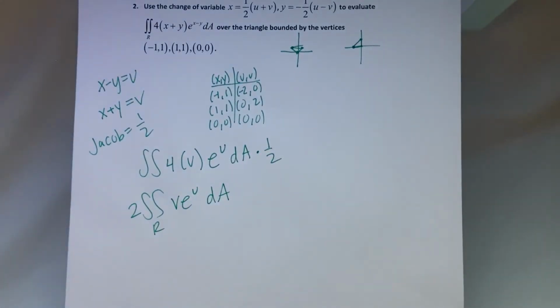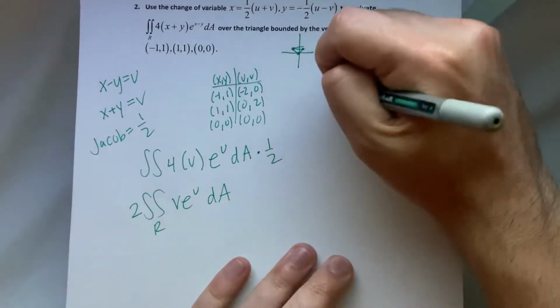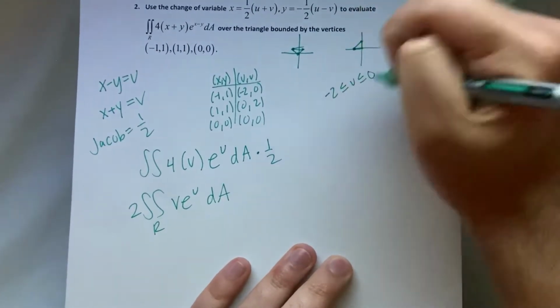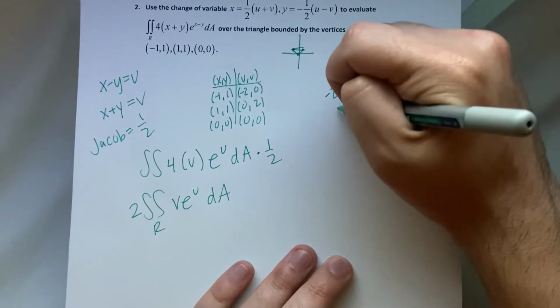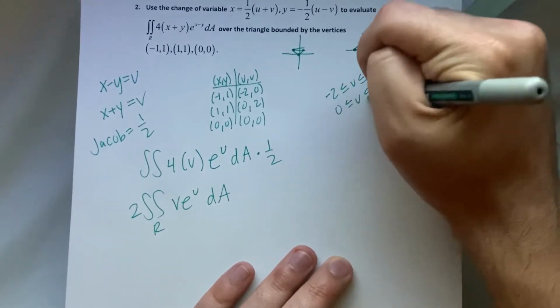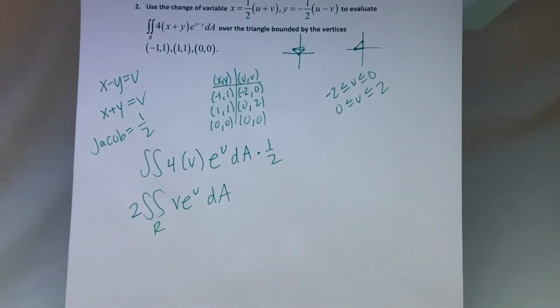So let's talk about u and v. We know u goes from -2 to 0. We know v goes from 0 to 2. How do those two relate? If we're talking about the triangle, v is always less than or equal to u plus 2.